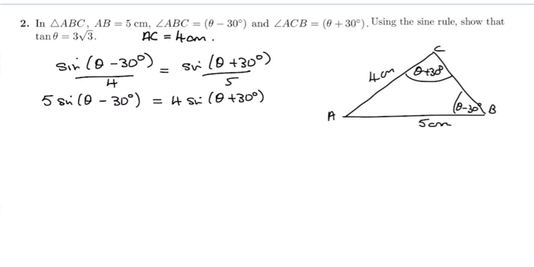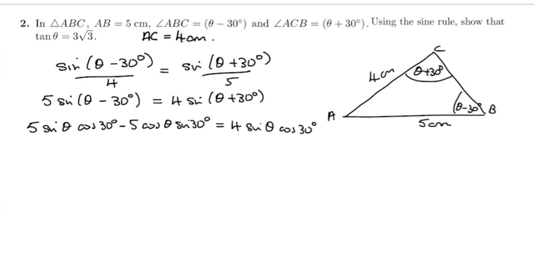If we then expand using our addition rules, I'm going to expand the first one, so I'm going to get 5 sine theta cos 30 minus 5 cos theta sine 30 equals 4 sine theta cos 30 plus 4 cos theta sine 30.